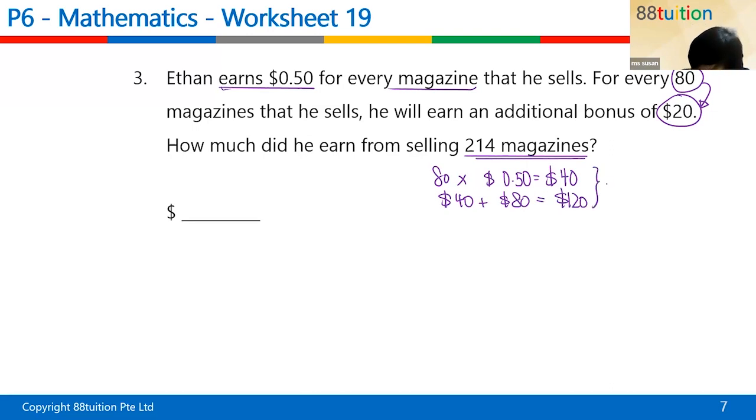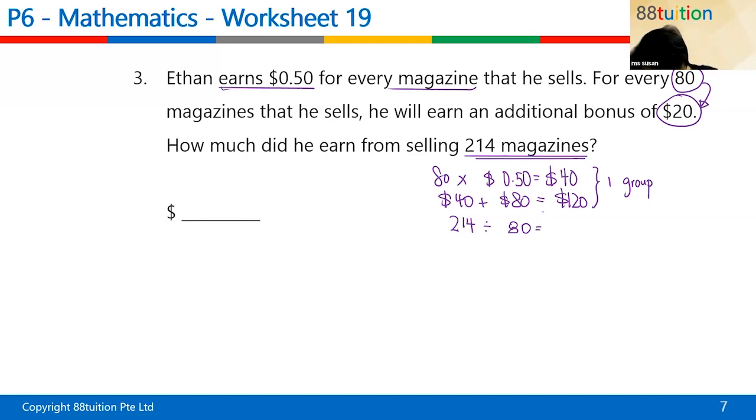So can I say this is one group first? We are going to group them. So then the thing is that for every group I have is going to be 120. And how many groups of 80 do you have? So I divide this by 80. So 214 divided by 80.